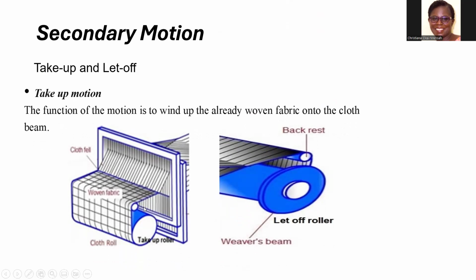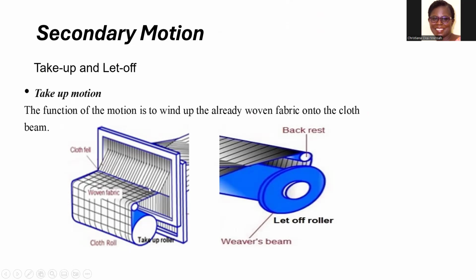So check this. Now you have put in the yarn and you have woven the fresh warp yarns into fabric. So all you see here is fabric. Because of that, we cannot open the shed. So it means that you need to wind all this onto this beam so that you get fresh ones to weave.